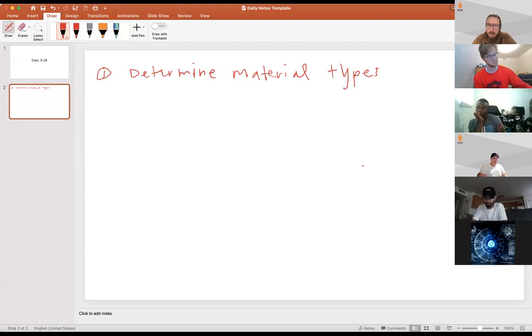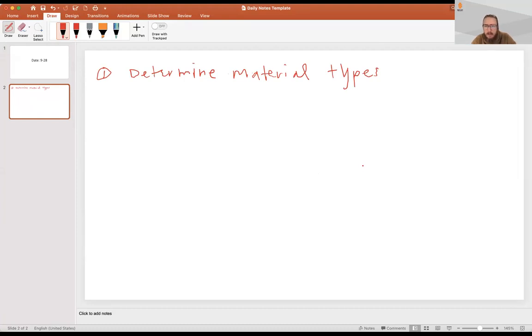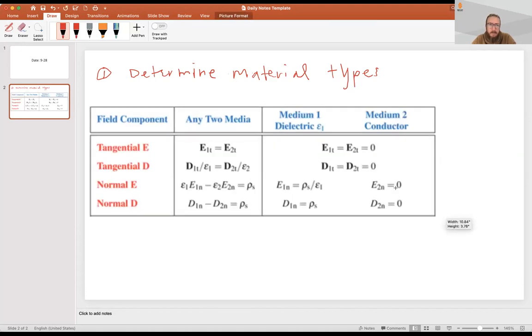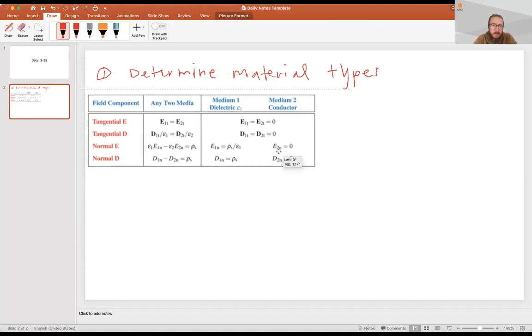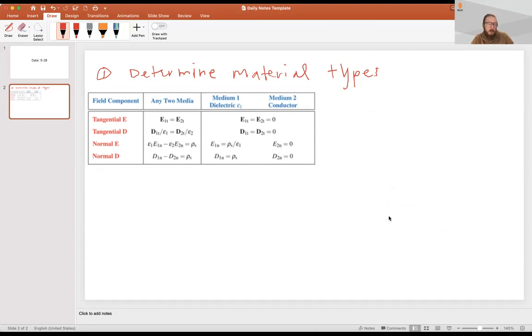And the reason for that, let's go back and take a look at that table. On the table of boundary conditions, we have two different categories. This one is any two media, so this is two dielectrics.